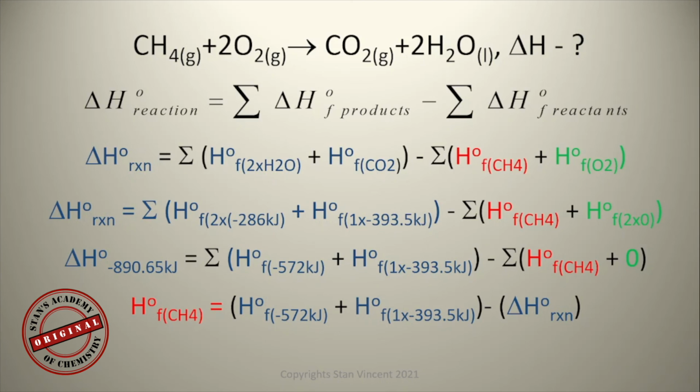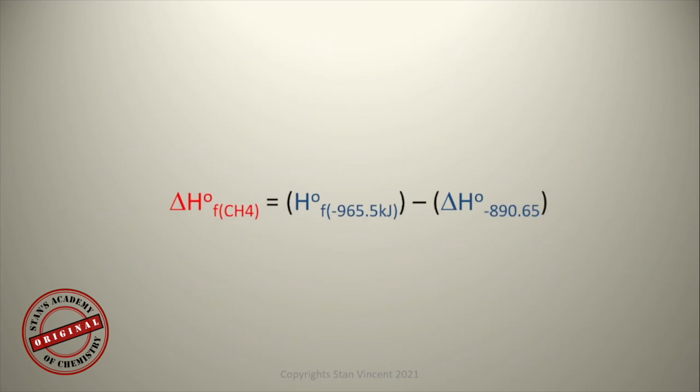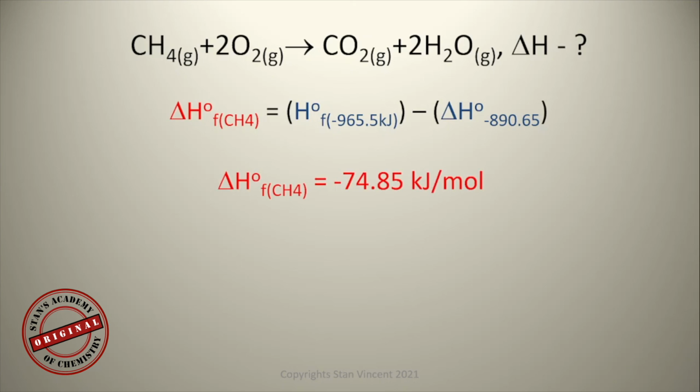So H0F of CH4, which is the heat of formation of methane or molar enthalpy of formation of methane, is equal to H0F for water plus H0F for carbon dioxide minus enthalpy of reaction. So delta H0F is equal to minus 965 minus of minus 890.65. So that's going to give us delta H0F is equal to minus 74.85 kilojoules, which is the molar enthalpy of formation of methane or heat of formation of methane.